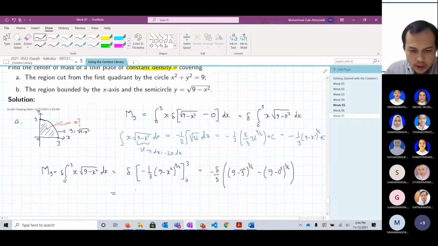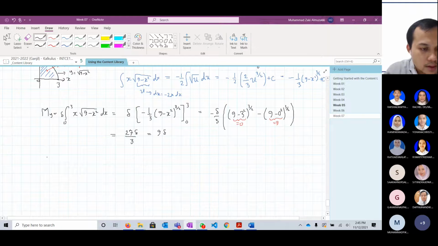In this case, 9 minus 3 squared is 0. So we have this, this is 9. 9 power 3 over 2 is 3 power 3, which is 27. So it is 27 delta over 3, which is 9 delta.